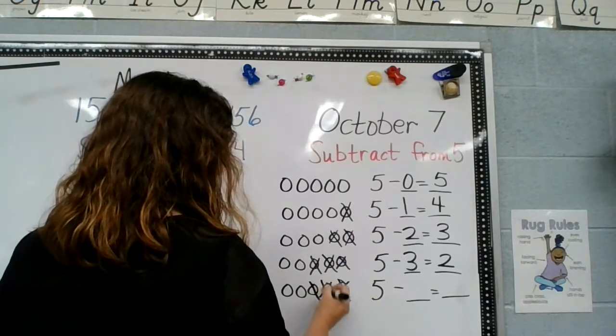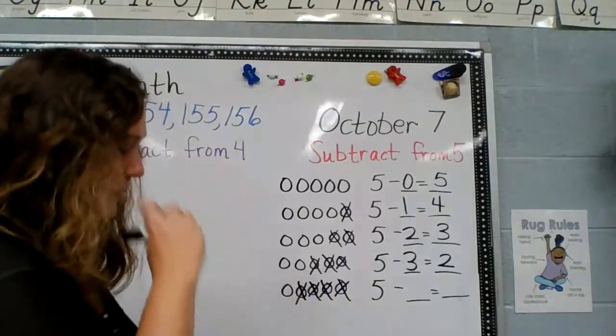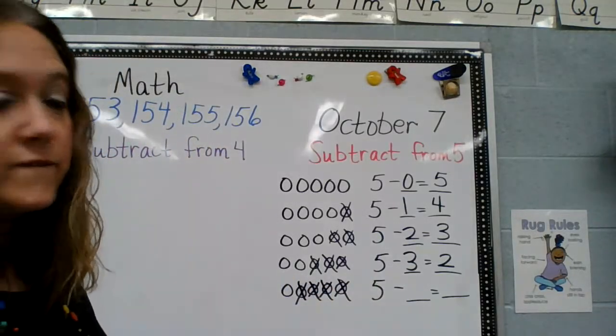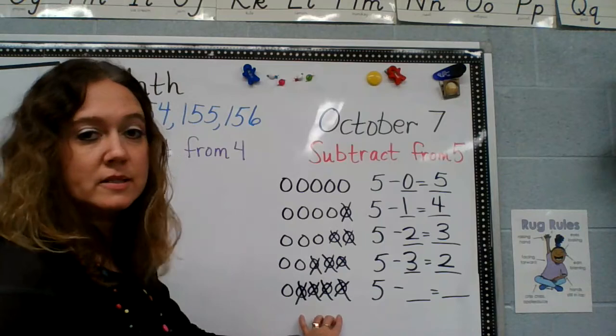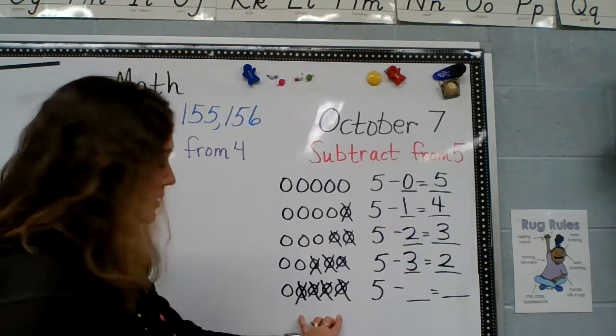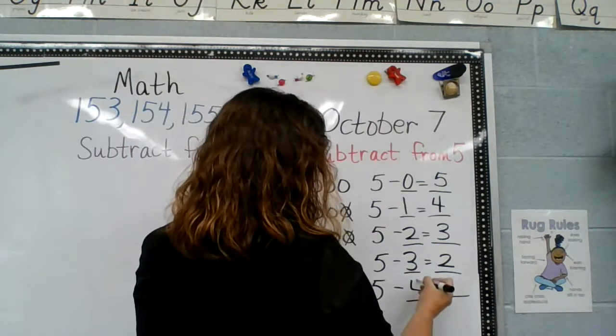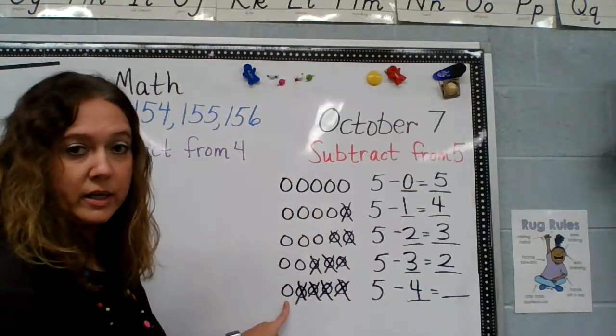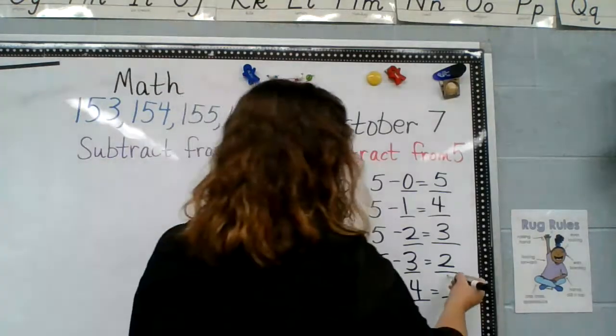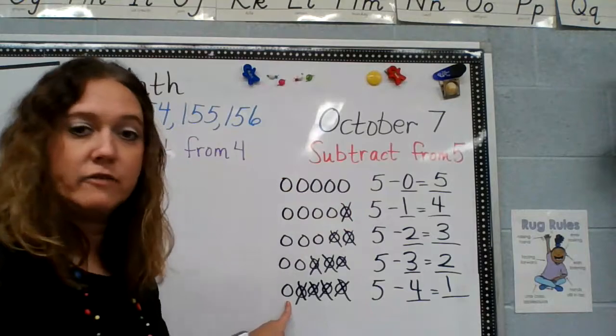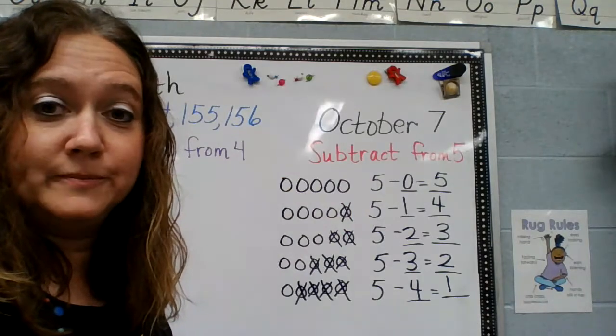Now we're going to cross off 4. So 5 minus however many we crossed off, which is 4, equals how many are left? 1. 5 minus 4 equals 1.